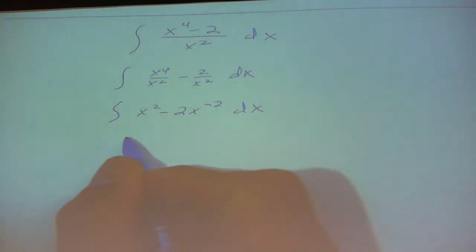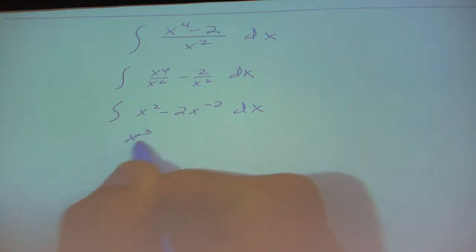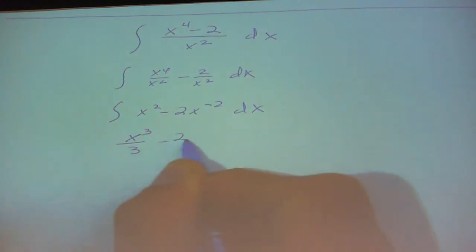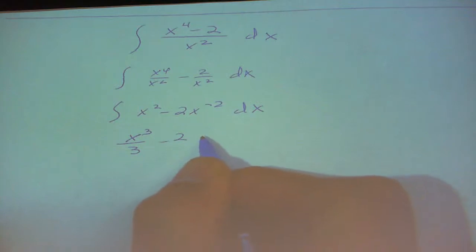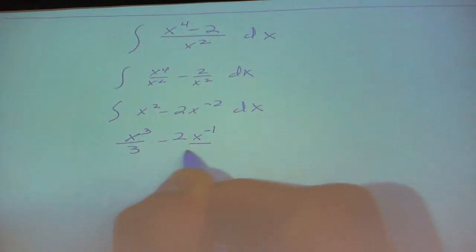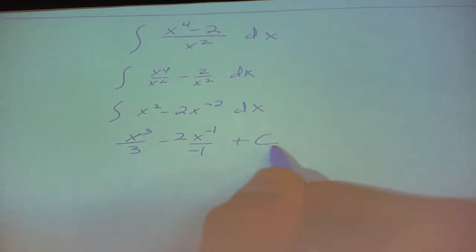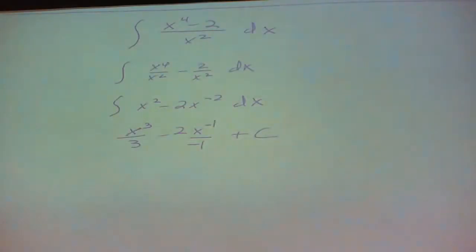Okay, what's the integral of x squared? X to the third over 3. The minus 2 stays. What's the integral of x to the negative 2? X to the negative 1 over negative 1. Don't forget your plus c. Stop there. Any questions?